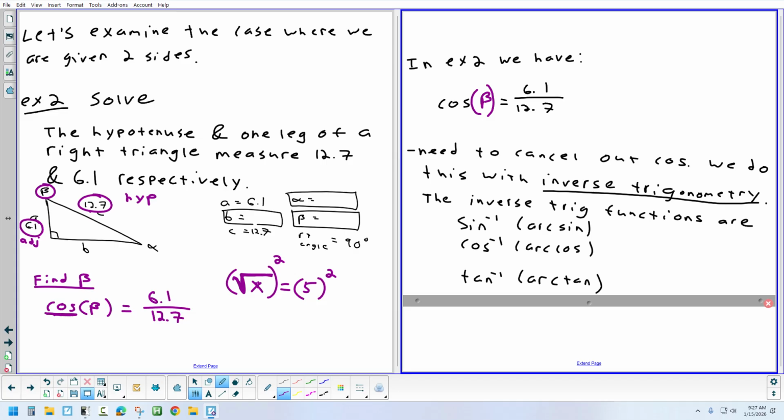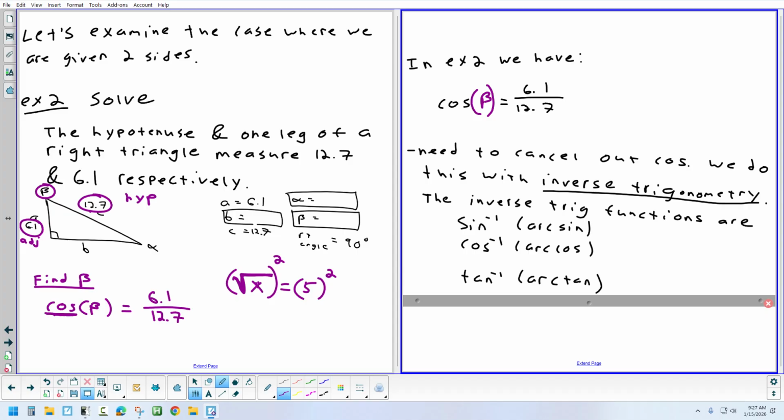There's two ways you can write inverse trig. On the calculator, you're going to see a button that says the trig function to a -1 power. An older way of writing it is arc sine, arc cosine, or arc tangent. So anytime that you see arc in front of a trig function, it means the trig function with a -1.